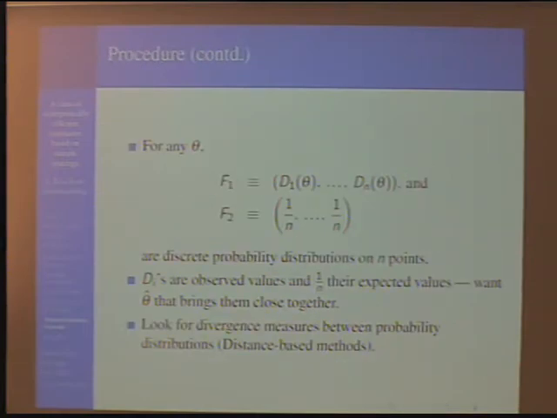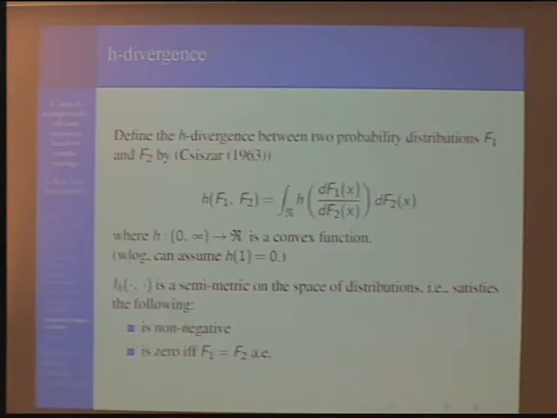So here is the deal. F1 is d1 theta up to dn theta. F2 is, say, 1 over n, 1 over n, and so on. So you have two distributions, maybe multinomial. Then you try to find a divergence measure between F1 and F2 and make it as small as possible. What kind of divergence measures?